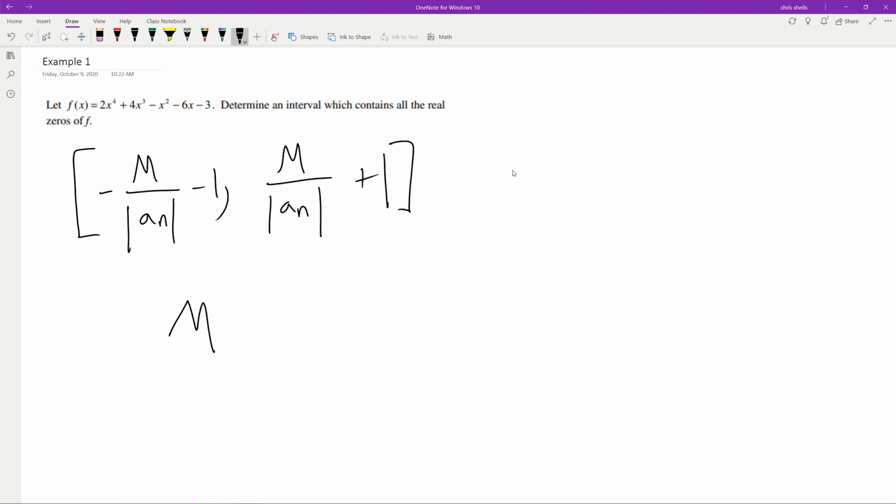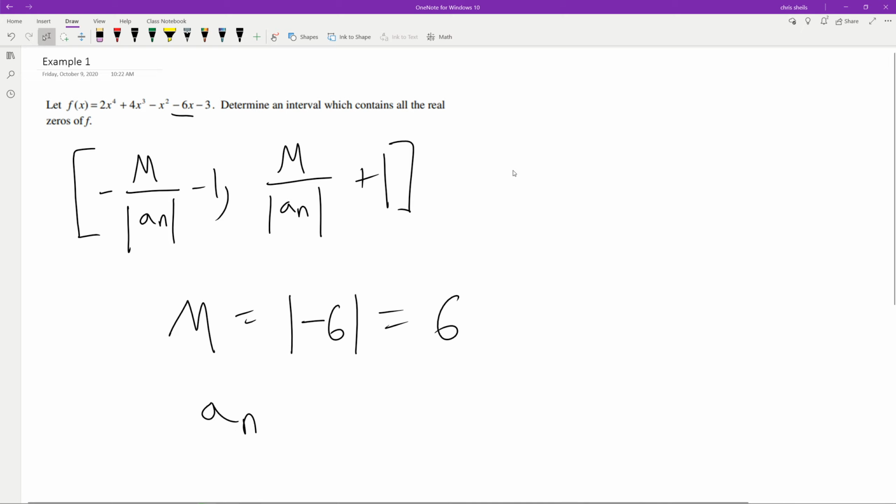Here, m is going to be the largest of these coefficients in terms of absolute value. The largest number I see here is negative 6. So m is going to be the absolute value of negative 6, which is positive 6.